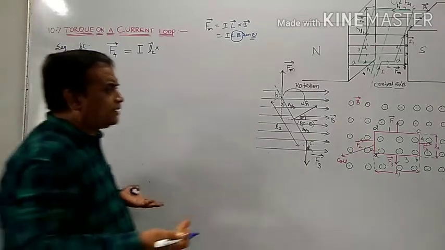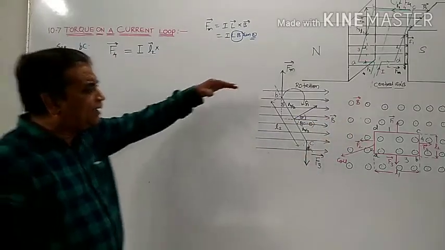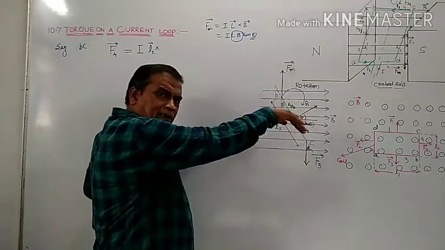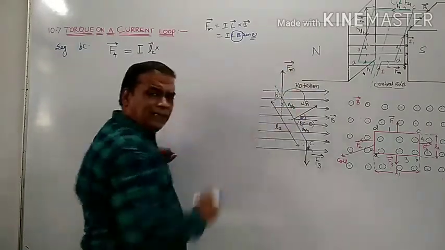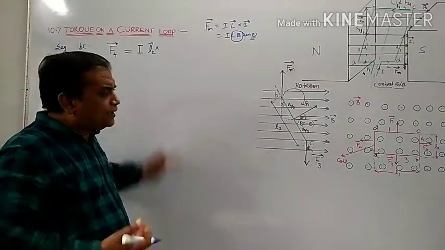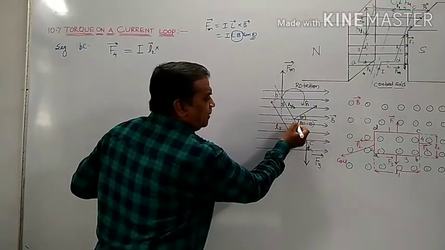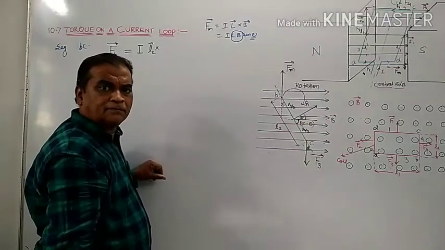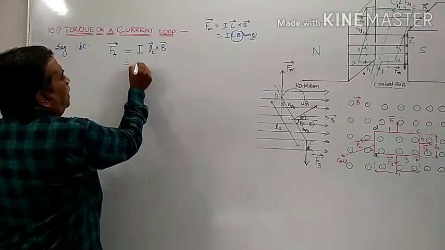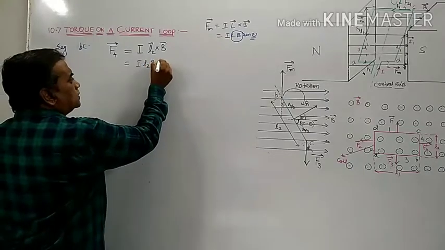Remember, B is a uniform magnetic field, and the loop is rotated through an angle theta. Then the angle between the direction of magnetic field and the length of the coil is 90 minus theta.